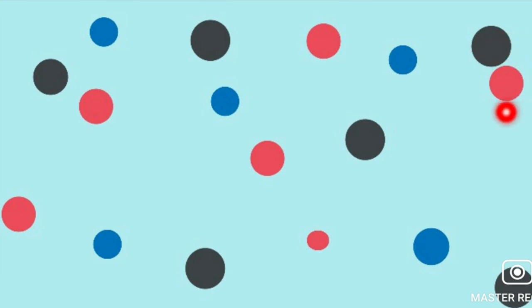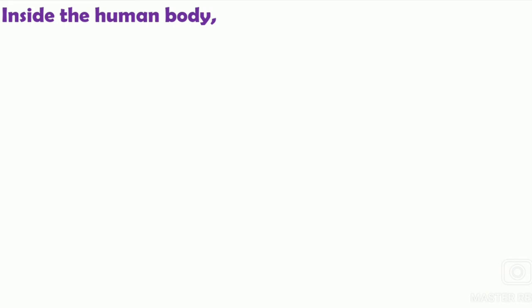So now it's time for a quick overview of how our immune system works. Here the red cells denote the foreign bodies and the blue and the black cells denote the cells of our immune system. So inside our body, the cells of our immune system are constantly looking for foreign bodies, and when they find any, they all get on high alert. And next, we already know what follows.